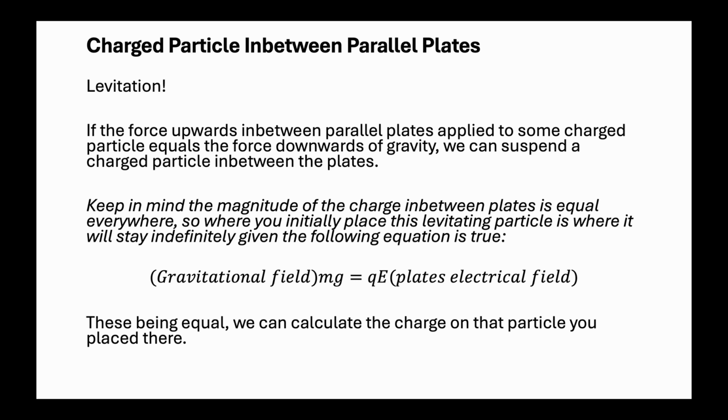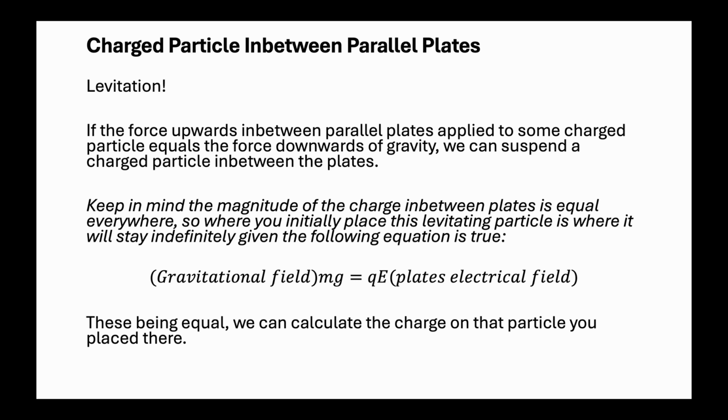So it doesn't need to be right in the center. It can be a little bit further up, a little bit further down, whatever you want. And we know that the gravitational force, which is the mass times acceleration due to gravity, if that is equal to the charge of the point charge multiplied by the electrical field, which is V over D, as we established before when looking at specific electrical fields, then we can calculate any of these variables if unknown. So obviously, if we're always on Earth, it's always going to be the said gravitational acceleration.